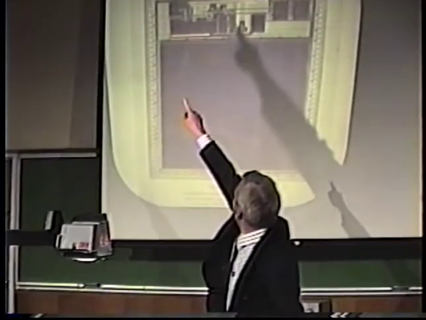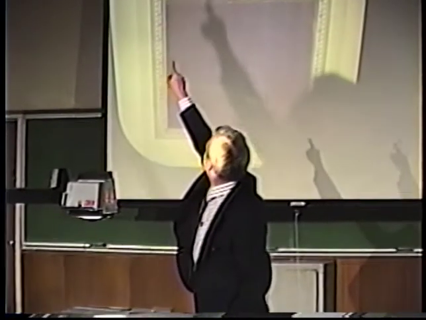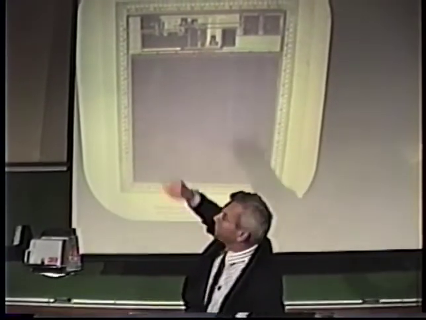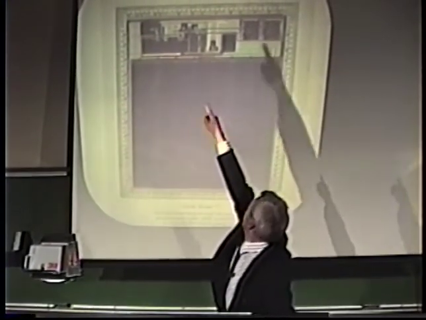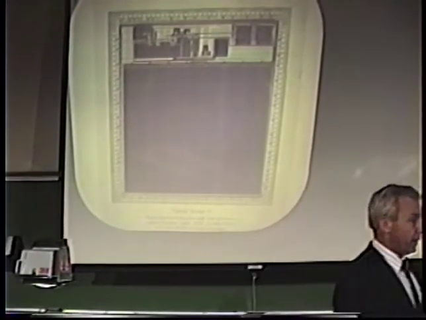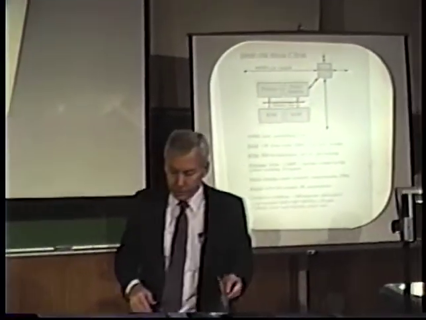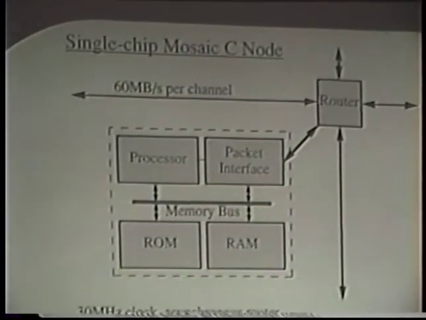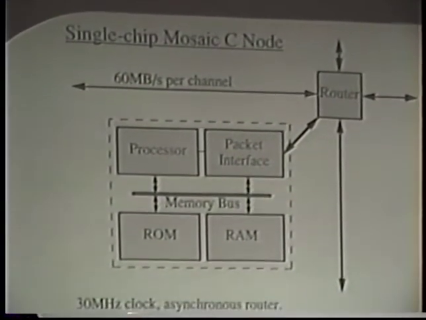And this is the instruction interpreting processor up here. This is the packet interface. This is the read-only memory. This funny-looking thing here is the clock driver. And over in the corner there is the packet router. So if we take a more conventional view of that single chip node, you can read the statistics off yourself there, if they're of any interest to you.